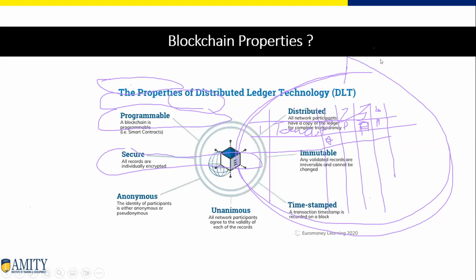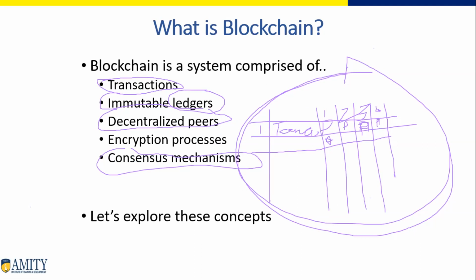So just look at it. Now, any doubt on this, on what blockchain helps you do? It helps you manage transactions. It helps you create an immutable ledger, right? It works on a decentralized network.